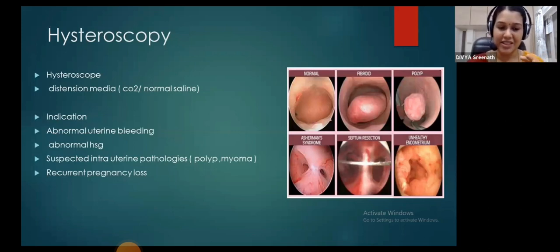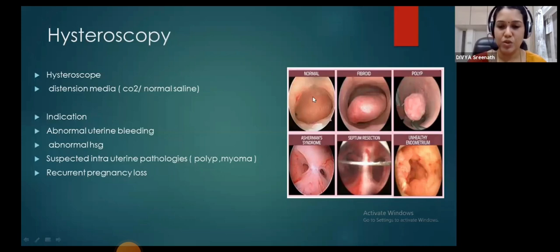After the insertion of media, you can see whether there is any abnormality inside the uterus. This is a normal view. You can see the openings or the ostium where the fallopian tube is attached. There is no fibroid, no polyp, nothing like that.